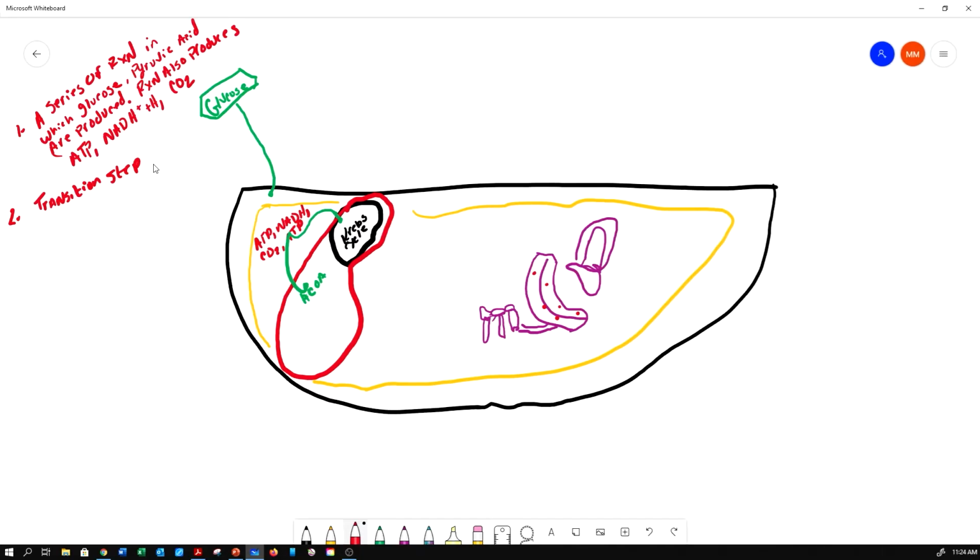So acetyl CoA is produced and now we're going to enter the Krebs cycle, which brings us to our third step.